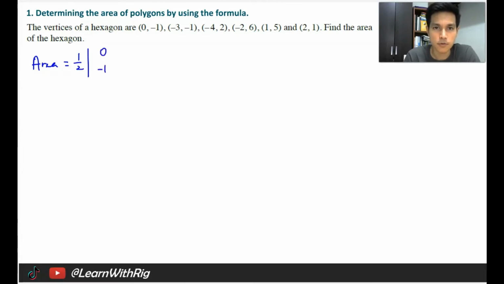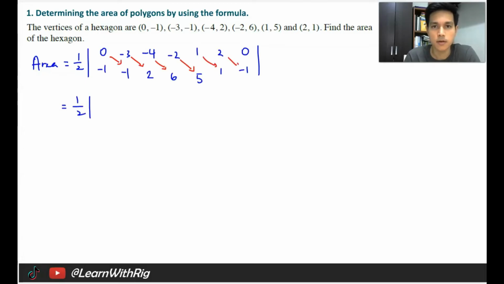So (0, negative 1), (negative 3, negative 1), (negative 4, 2), (negative 2, 6), (1, 5), (2, 1). Don't forget to repeat the first part. You should get the same thing, multiply downward and then multiply upward, diagonally upward.